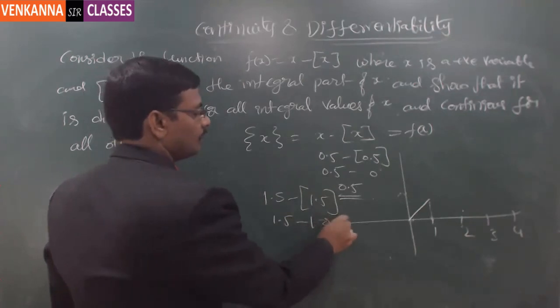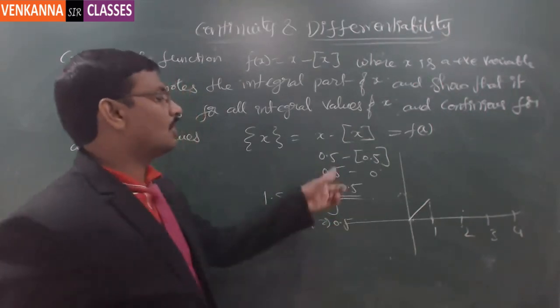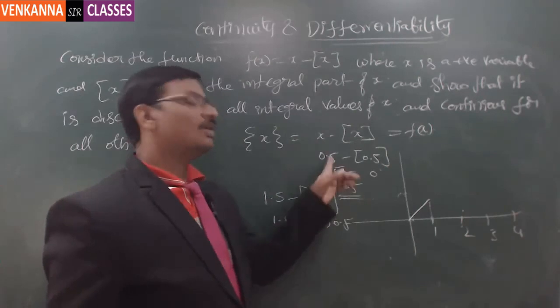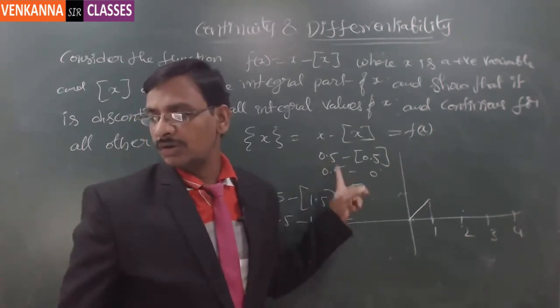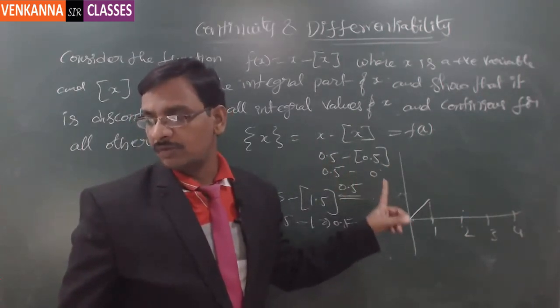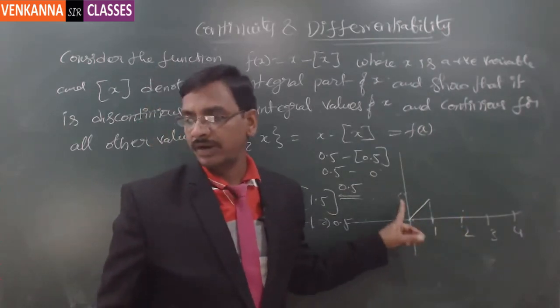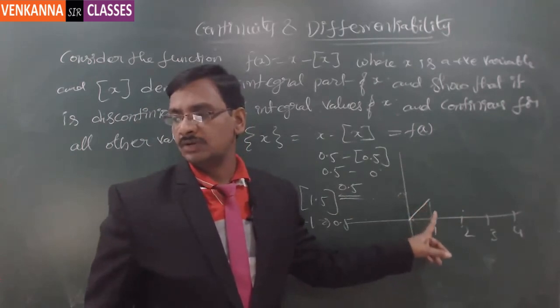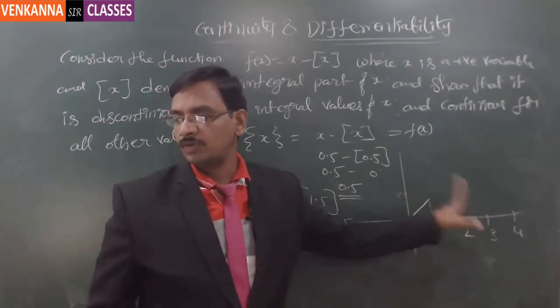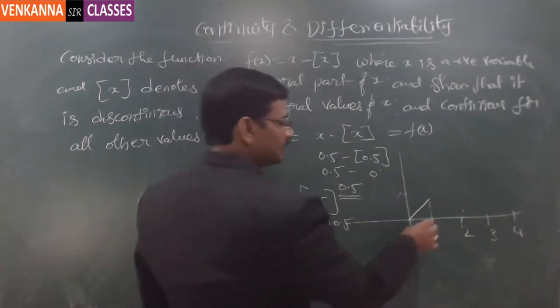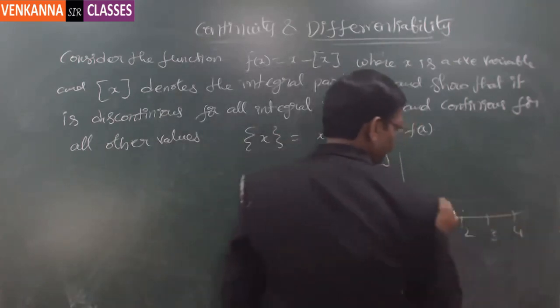This is again 0.5. So the same value whatever we got at 0.5, you are going to get at 1.5, 2.5 or 3.5, whatever it may be. Similarly, whatever value you got at 0.1, the same value you are going to get at 1.1, 2.1, 3.1, 4.1 like that. That means the same graph is getting repeated.